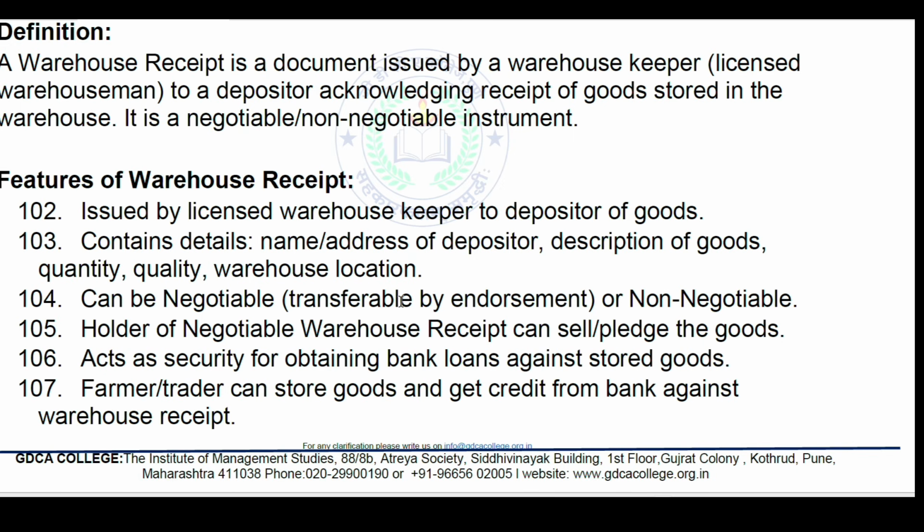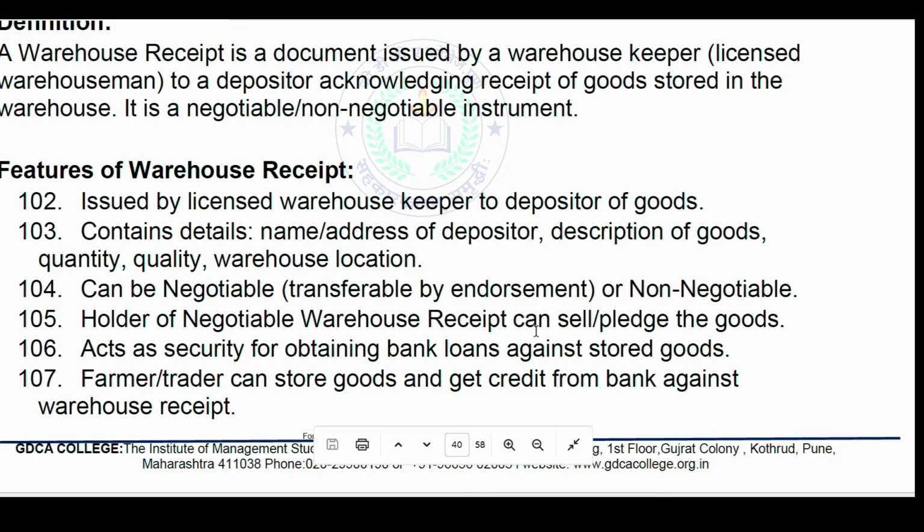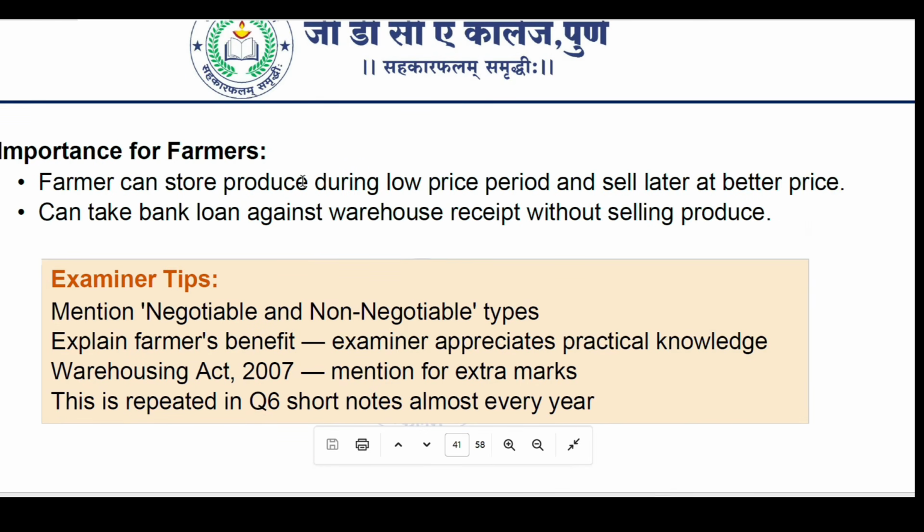Can be negotiable, transferred by endorsement, or non-negotiable, depending. The holder of a negotiable warehouse receipt can sell or pledge the goods. It acts as security for obtaining bank loans against stored goods. A farmer or trader can store goods and get credit from a bank against warehouse receipts.